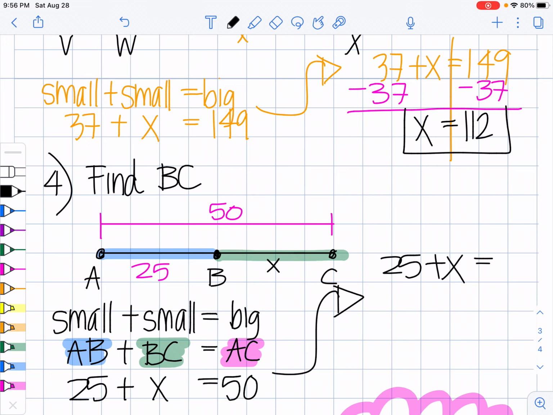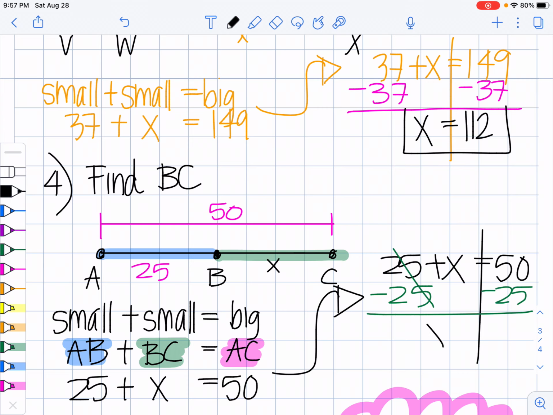I need to get X on a side by itself, so I have to subtract 25 from both sides. And I get X equals 25. Ooh, it's equal. So that means it cut it in half.